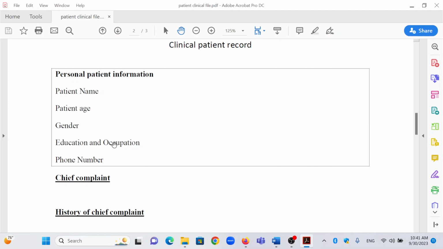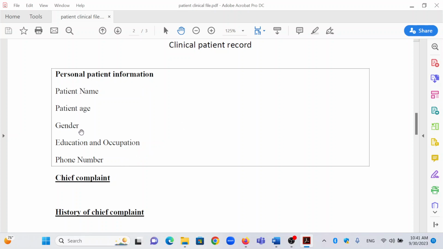Education and occupation also are relevant in certain areas because we have certain occupations that may jeopardize oral health or may be related to the quality of life or oral health quality of life. And of course, the phone number is very important for communication with the patient.